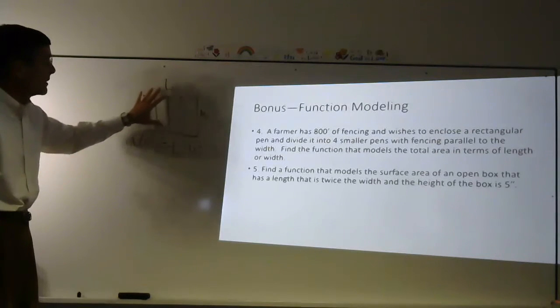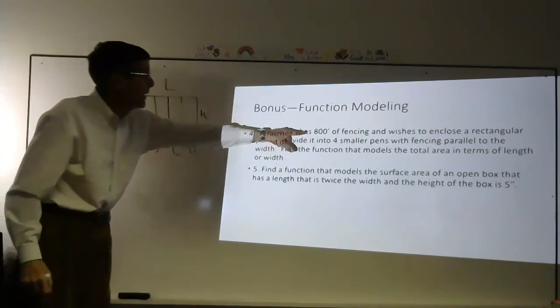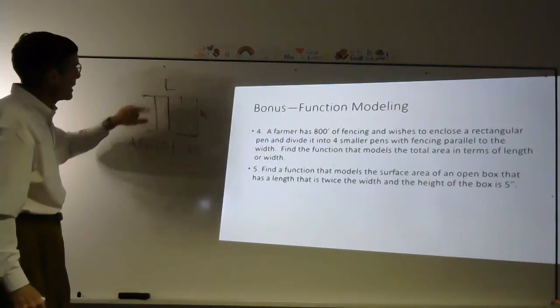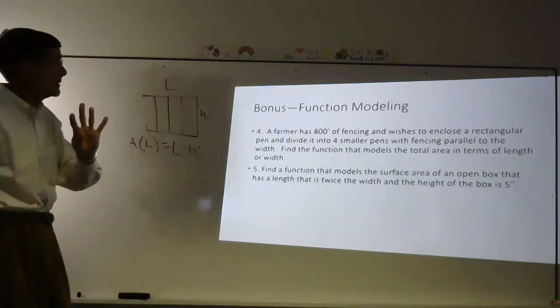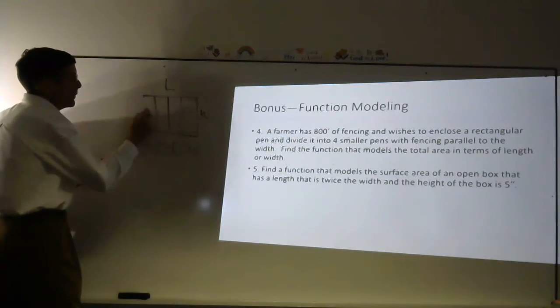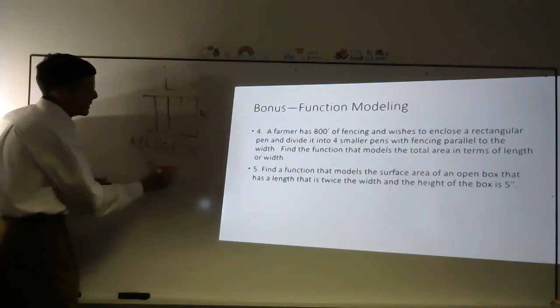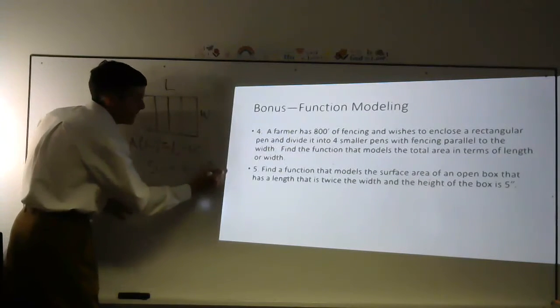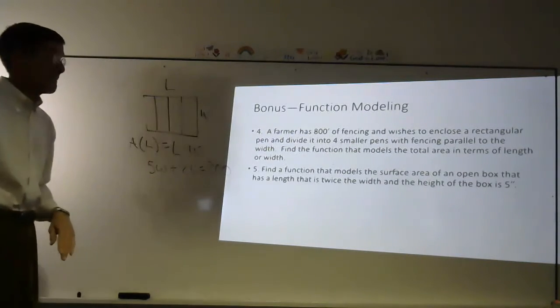I can go back to the picture knowing I have 800 feet of fencing to go around the outside and divide it into 4 pens. So would you agree? We have 1, 2, 3, 4, 5 W's and 2 L's that have got to make 800, yes?